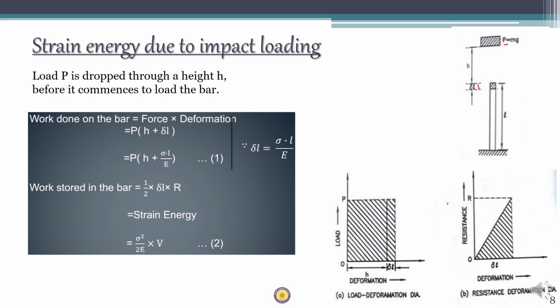Now we can see the work done on the bar, which is equal to the area under the load deformation curve, which is equal to P multiplied by h plus delta L. What is delta L?